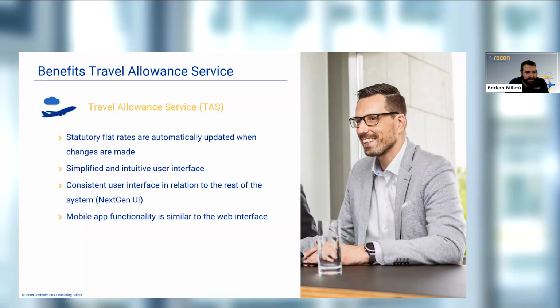This is solved with the travel allowance service. When you are using statutory flat rates, these rates will be automatically updated in the background, so you don't have to create any tickets anymore. This is fully automatic in the background.